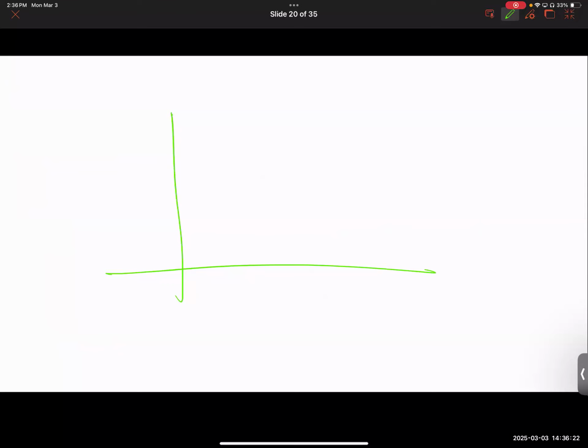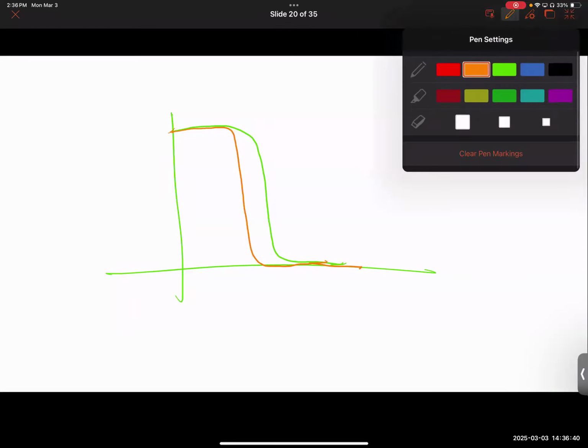Can you guys help me? It's gonna be really, really busy, I know. I chose this. I chose to deal with this, but all right. So this is one VTC. How do you have the butterfly curve now? Well, let me try.